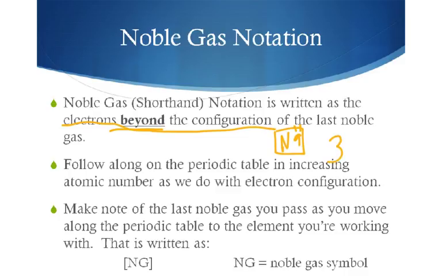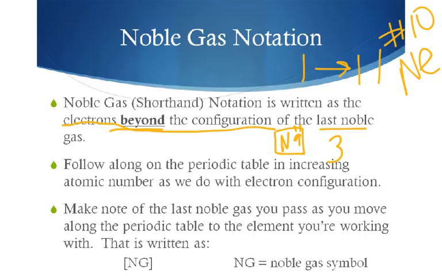Well, now we got to go back to the last noble gas that you would pass if you increase atomic number from 1 to 11. Well, the last noble gas that we pass would be atomic number 10, which is neon. So neon is the last noble gas as you increase in atomic number. So the noble gas, the element all the way to the right of the periodic table, in the row above that of sodium.